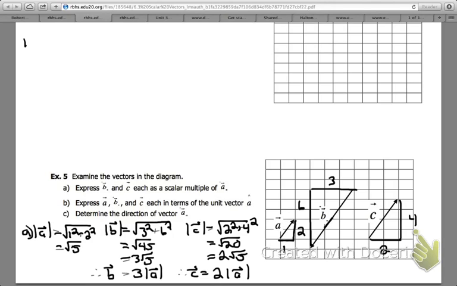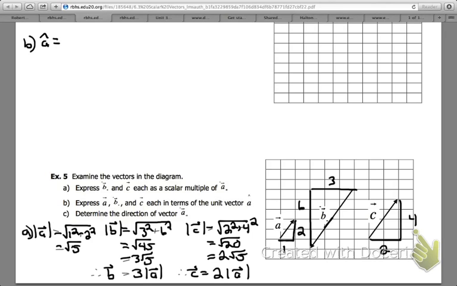Now in part B, I'm just going to do it above here, just give ourselves a little bit more room. In part B, we want to express a, b, and c, each in terms of the unit vector a caret. So we need to find a caret.